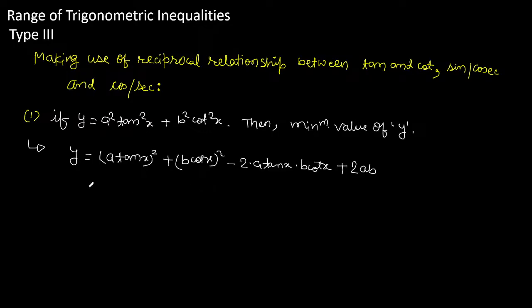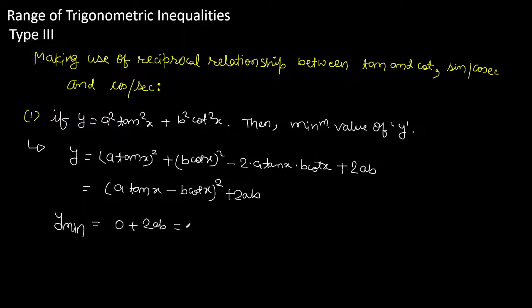Now this is (a tan x minus b cot x) whole square plus 2ab. So y minimum is when the square term is 0, and we have 2ab.